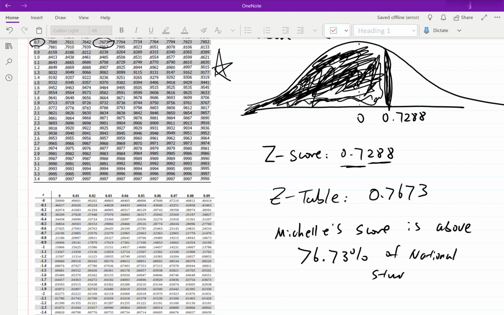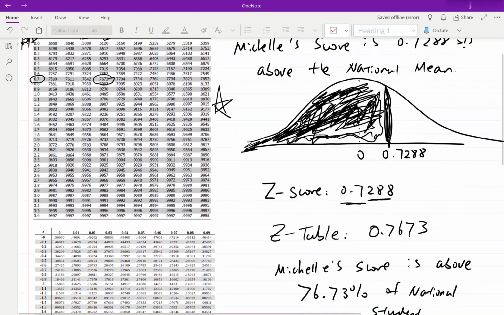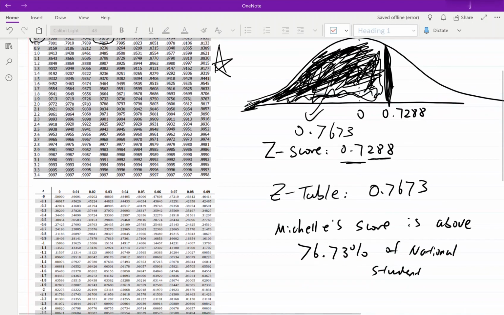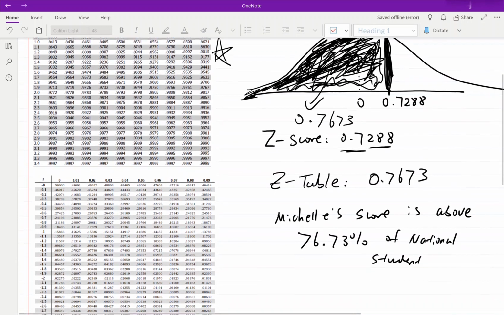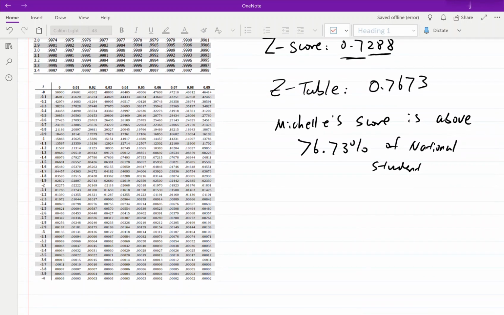Remember, this normal distribution represents the distribution of student scores. So we have the Z score to be 0.7288, which means the shaded area here is 0.7673, which means that 76.73% of the students have scores lower than Michelle's score, okay? And this is how you get the percentage from the Z table or from the Z score.